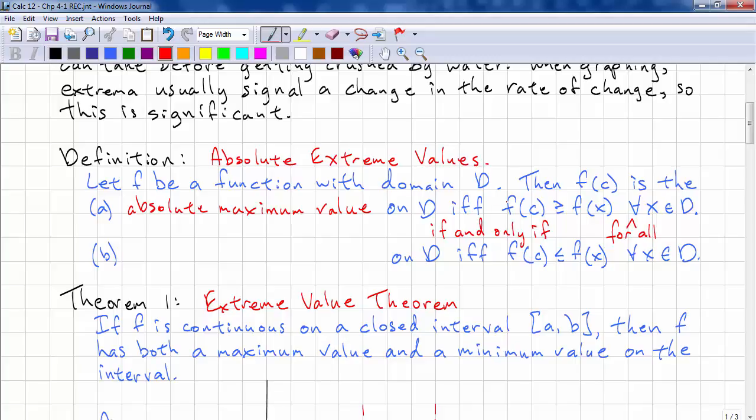And if and only if means that if this is true, then this is true. Also, if this is true, then this is true.